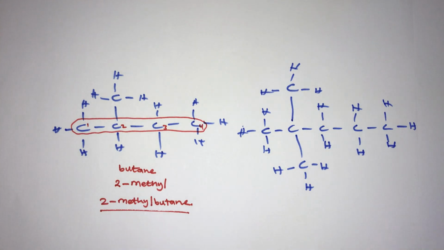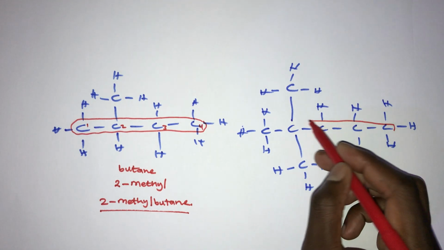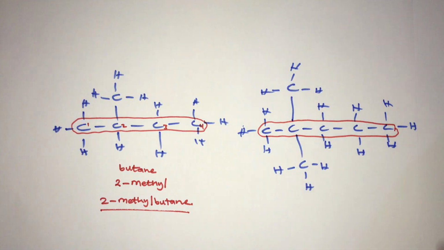Okay. So now we must circle the longest chain first. So this is our longest chain. Now it's obvious, this is our longest chain. So now we must number our carbon atoms, but we must check first, we must make sure that the branch gets the lowest number.